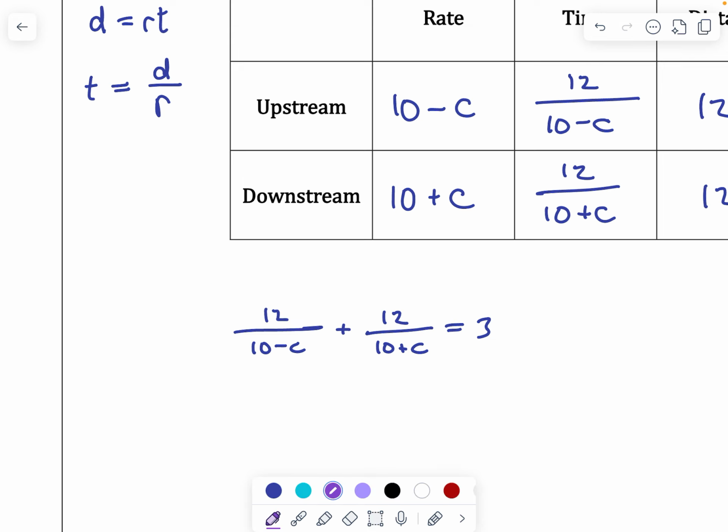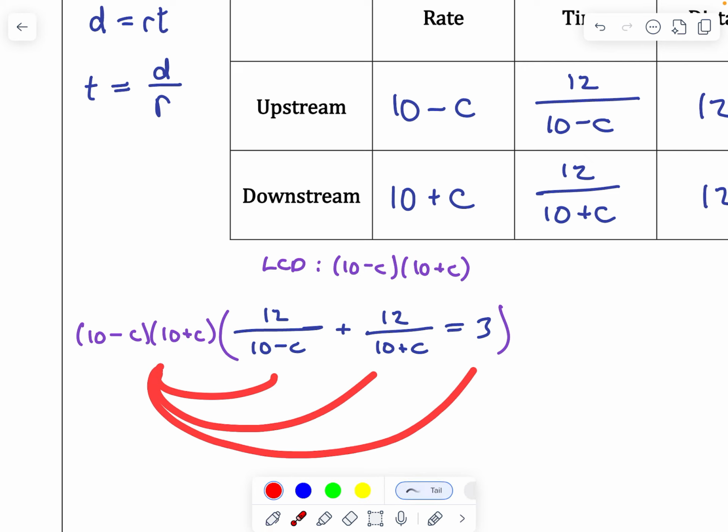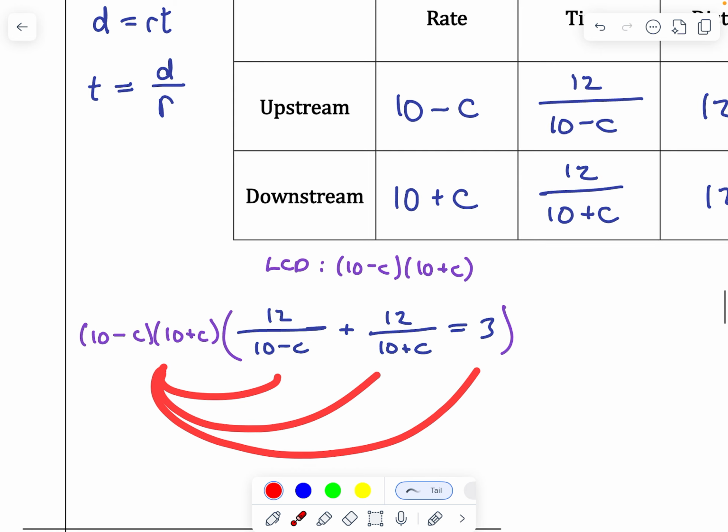You need to use the least common denominator, which in this case is 10 minus c times 10 plus c. If I multiply the entire equation by that LCD, I'm going to get rid of all the fractions, which is wonderful. So you can do this. You can multiply the entire equation by something. Just make sure you distribute it to everything.